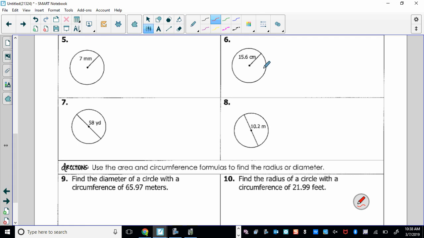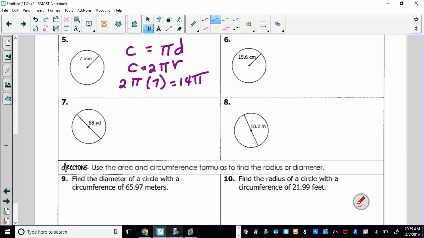All right, number 5 is finding the circumference. So C is pi times d, or 2 pi r. If they give me the radius, I'll use the second formula. So in this case, I'll put 2 times pi times 7, which is 14 pi, right?